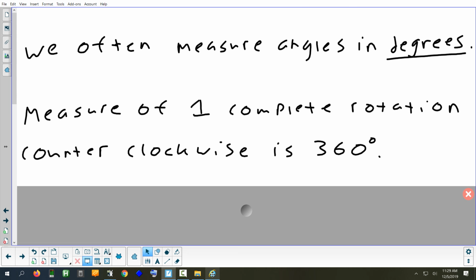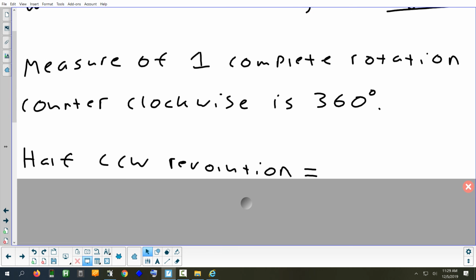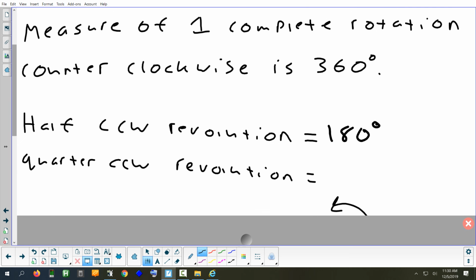All right. How about if I did half a revolution? How much would that be? 180. Okay. And then how about a quarter revolution? 90. That's 90.